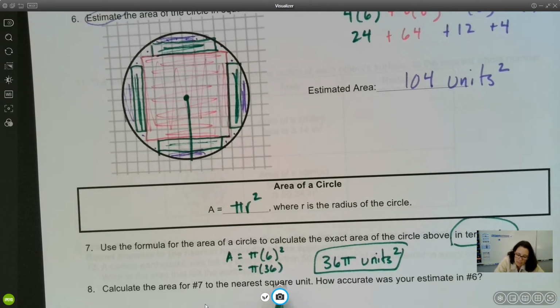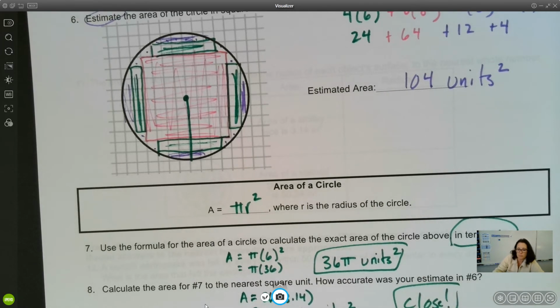Now to calculate that to the nearest square unit, let's go ahead and do 36 times 3.14. And we get roughly 113.04 units squared. Okay, I was close.